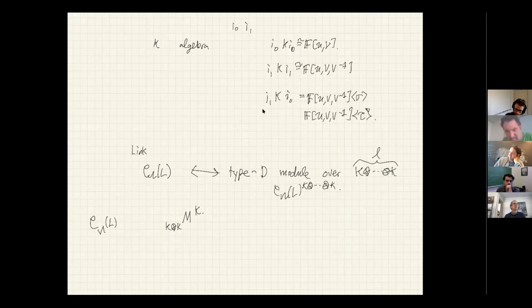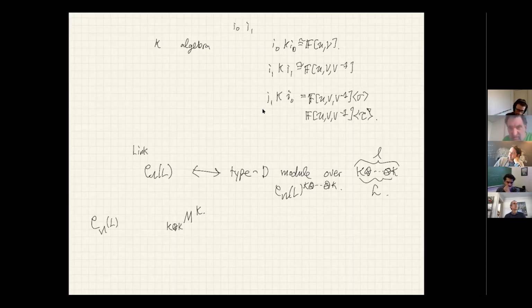I'm going to call this algebra L. Then you take an external tensor product, just tensoring them over F, and you get a type D module over the tensor product of the algebras, L tensor L prime.